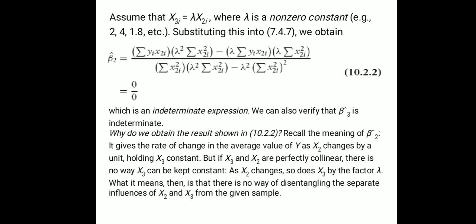Recall the meaning of beta 2 cap: it is the rate of change in the average value of y as x2 changes by a unit, holding x3 constant. But x3 and x2 are perfectly collinear, so there is no way x3 can be kept constant. For example, with rainfall and temperature, whenever rainfall increases, temperature will not remain constant.